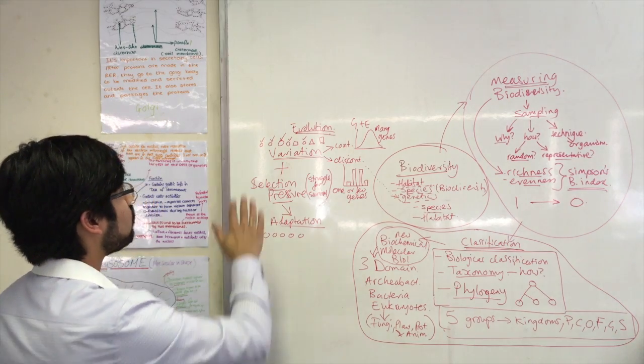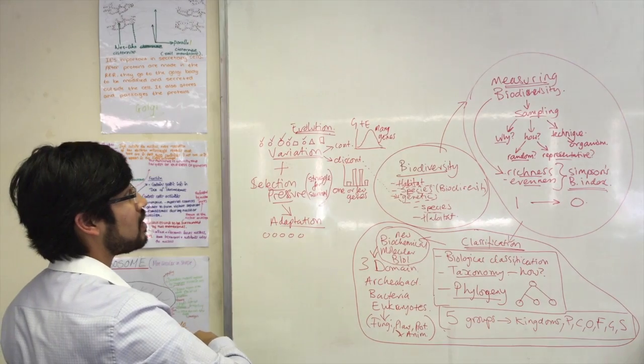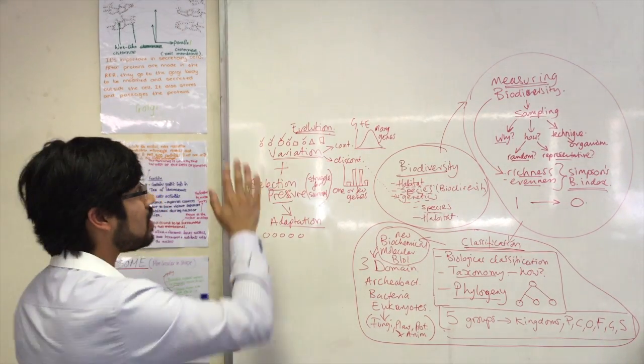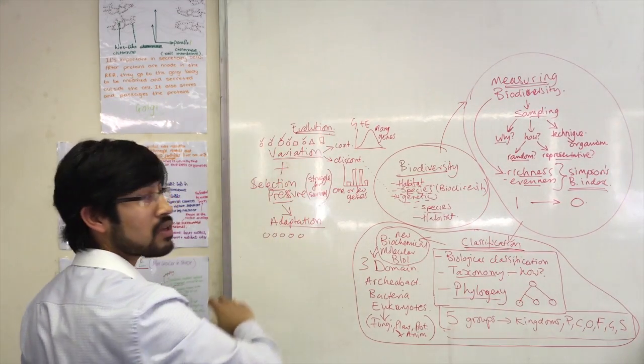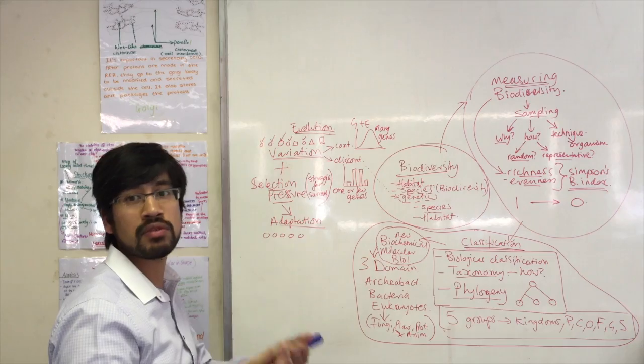Yeah? If all of these were the same and I impose a selection pressure, they all might not survive, or they might all survive. But if there's lots of variation, if they're all different, then there's more chance that one of them has got the right variations to survive.